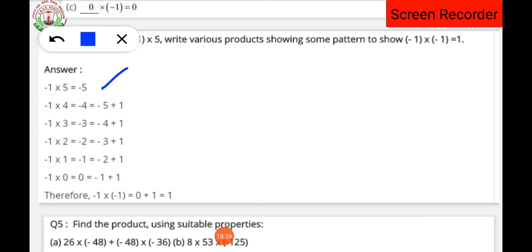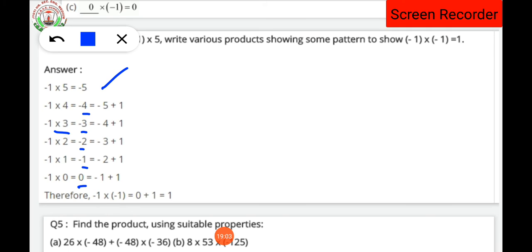With 4, you will get minus 4. With 3, minus 3. Then minus 1 multiplied with 2, minus 2. When minus 1 will be multiplied with 1, the answer will be minus 1. And in the last, when minus 1 will be multiplied with 0, the answer is 0 itself, isn't it?